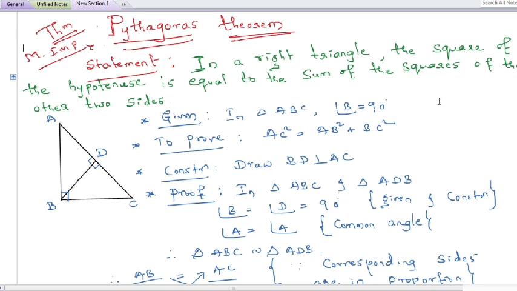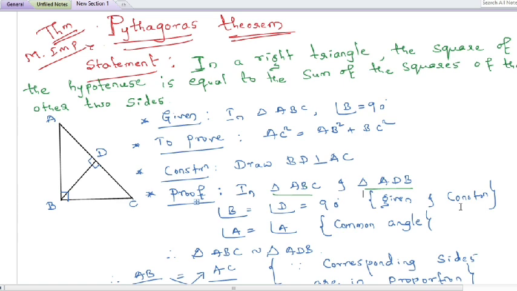Proof. In triangle ABC and triangle ADB, angle B is equal to angle D, because 90 degrees is given in construction, and also angle A is equal to angle A, because it is a common angle.